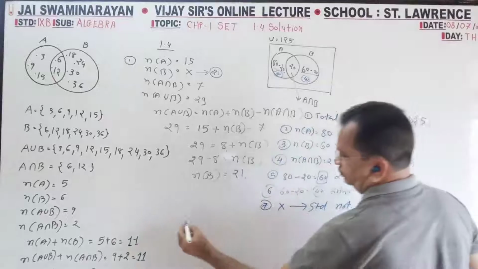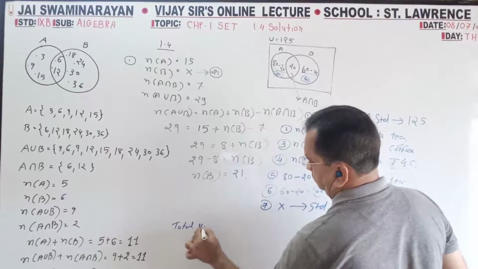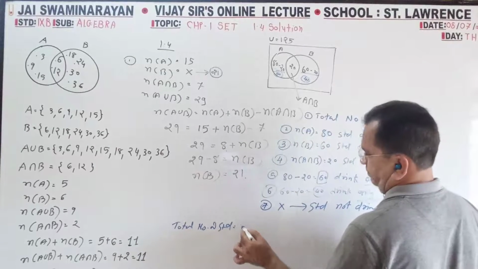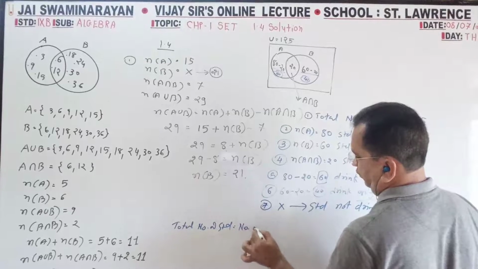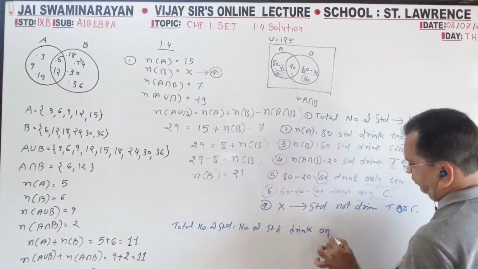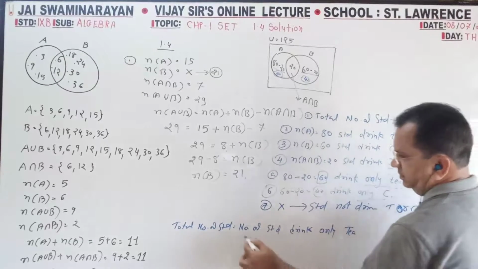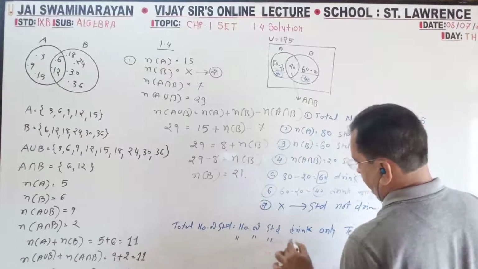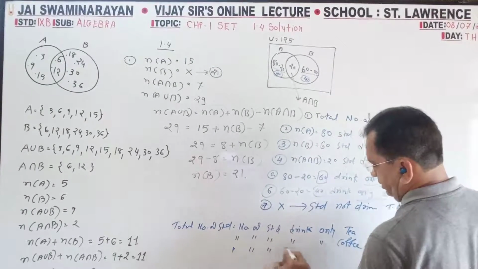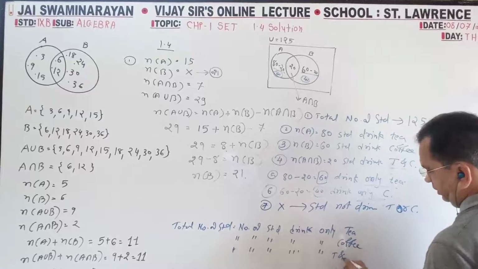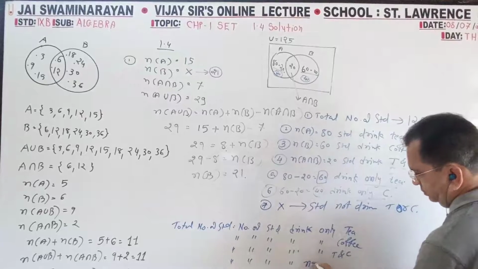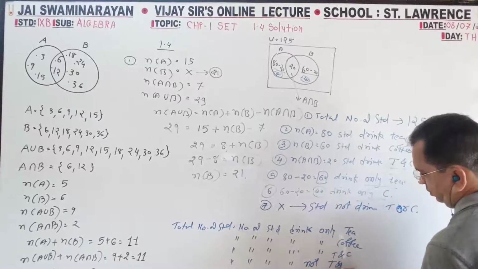So total number of students is equal to number of students who drink only tea, number who drink only coffee, number who drink both tea and coffee, number who drink neither tea nor coffee.